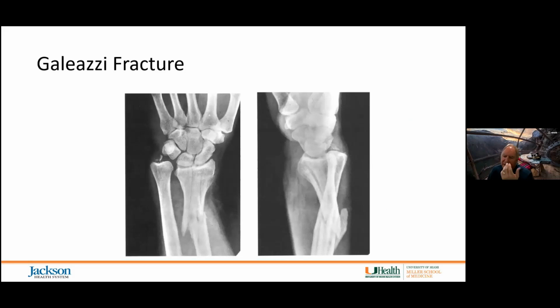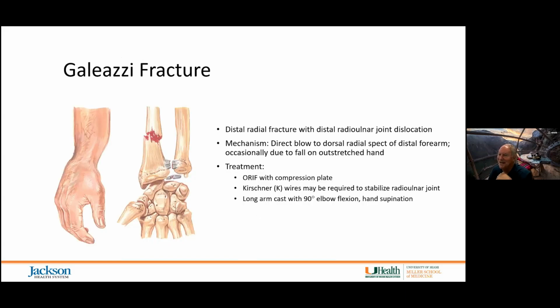Oh, I already gave this one away, sorry. The Galeazzi fracture. So this is going to be distal as you're coming through. You've got a distal radial fracture and a radioulnar dislocation here. Again, this is going to require open reduction internal fixation with a compression plate, and be thinking in advance.